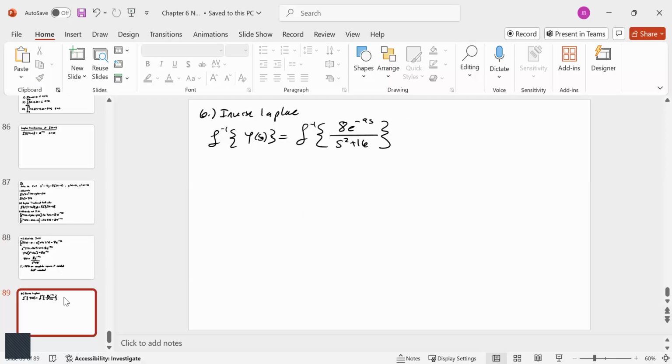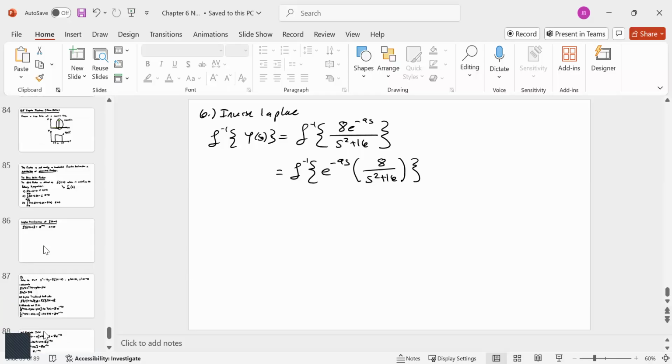Whenever you're dealing with exponentials and other functions, it's not a bad idea to separate it and make it look like this because it makes it more obvious what you're trying to do. Notice that it's e to the as times a function, right? And so we just think to ourselves, okay, this looks familiar.